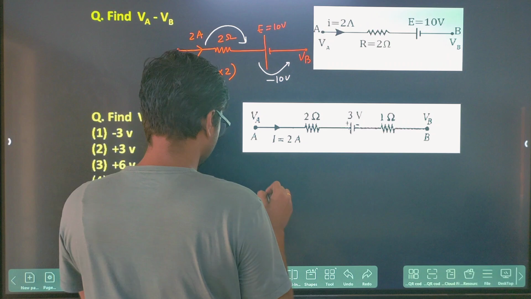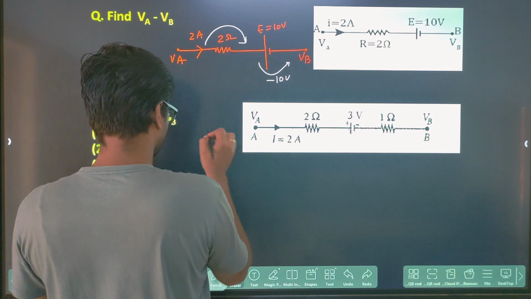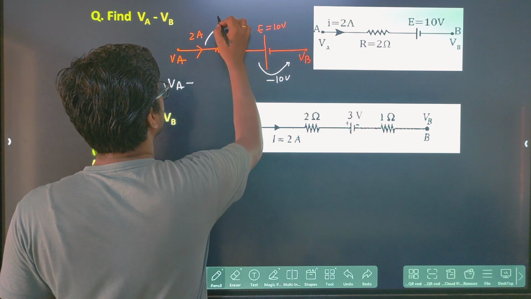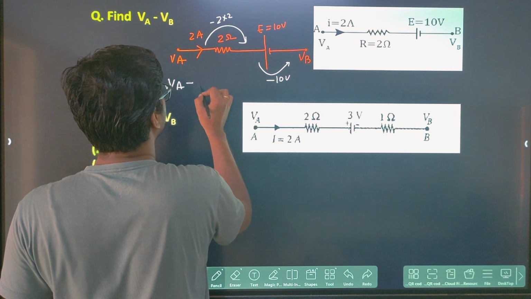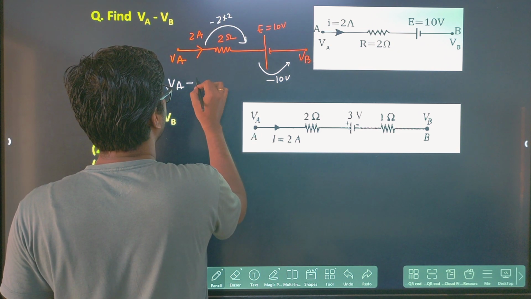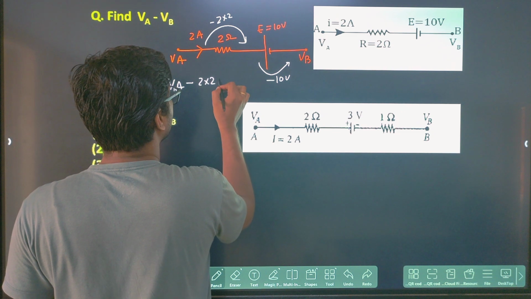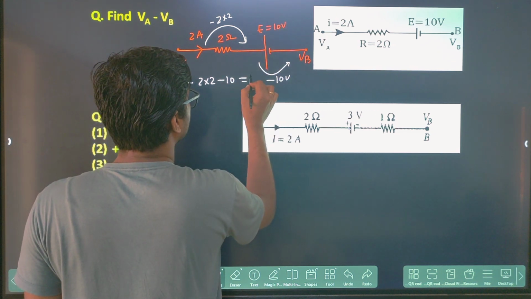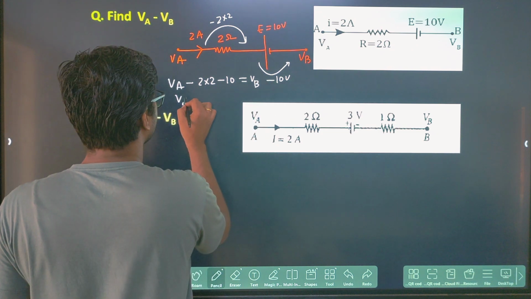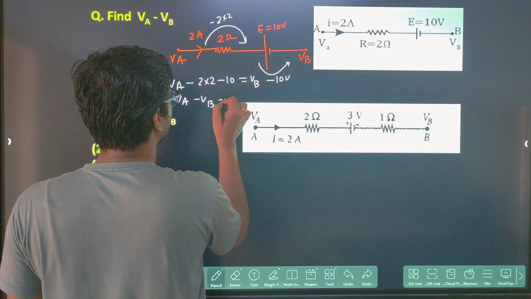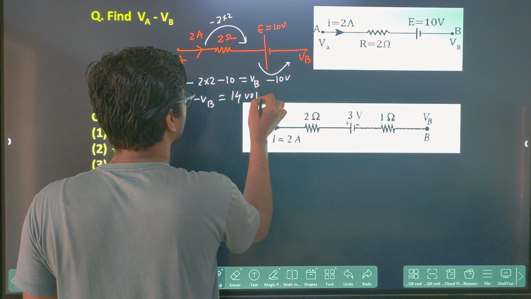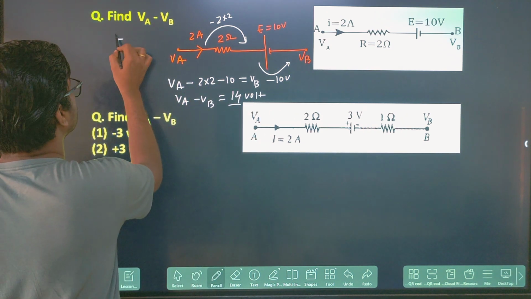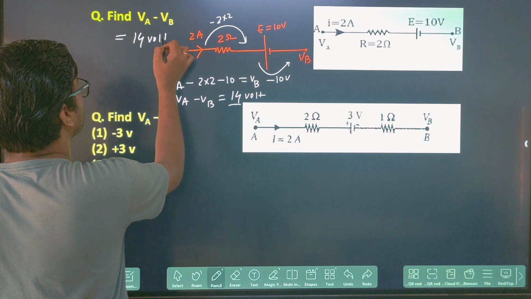So VA minus 2 into 2 minus 10 is equal to your VB. So VA minus VB equals 14 volt. 4 plus 10 will be 14 volt. So the answer will be 14 volt.